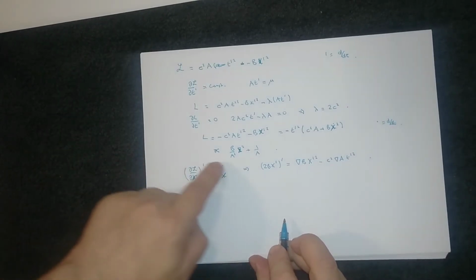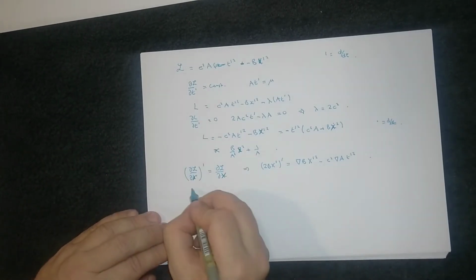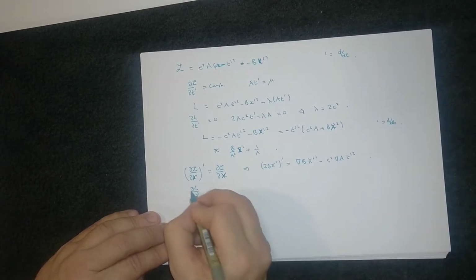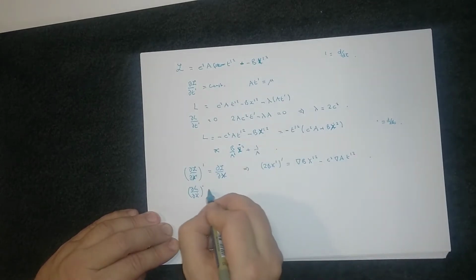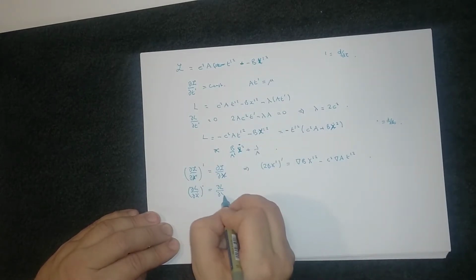What do we get from this Lagrangian here? d/dt of dL by dx dot, you can't see the dot there, is dL by dx.